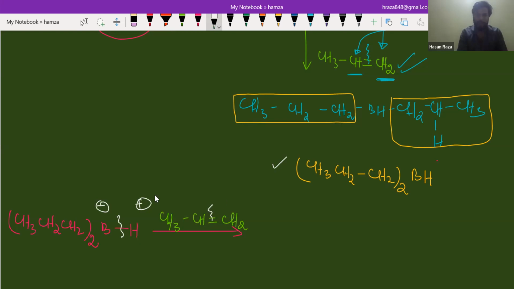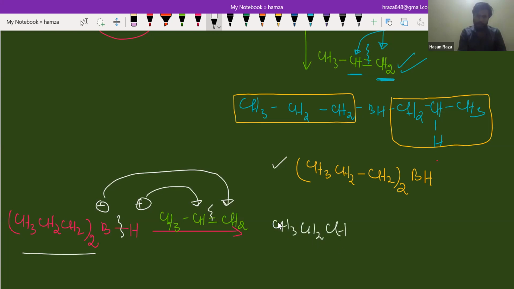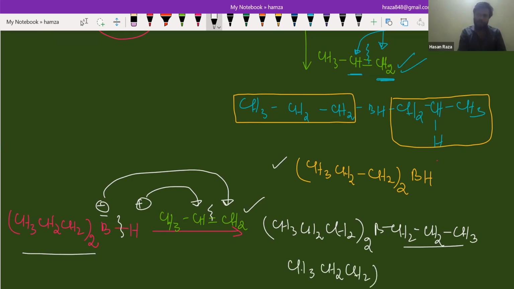Negative will go to that carbon which has the greater number of hydrogen, and positive will go to that carbon which has fewer hydrogen. So first I'm going to write CH3, CH2, CH2 whole twice, and then this B will be directly connected with this CH2, and then this CH2, and then this CH2. You can see this and this are the same. So I'm going to write it as CH3, CH2, CH2 whole thrice, boron.